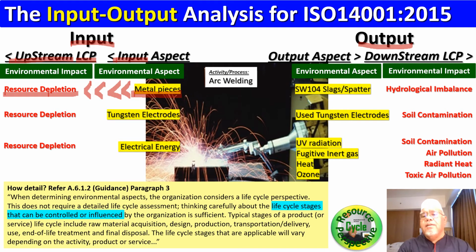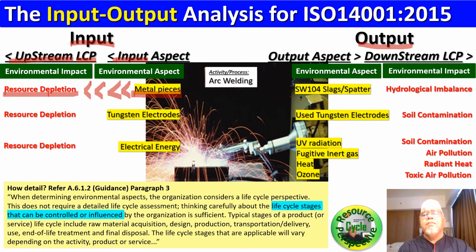You can have that in addition to resource depletion if you want to. That is the interaction of metal pieces. That is why metal pieces is an environmental aspect, because it interacts with the environment and has caused resource depletion.